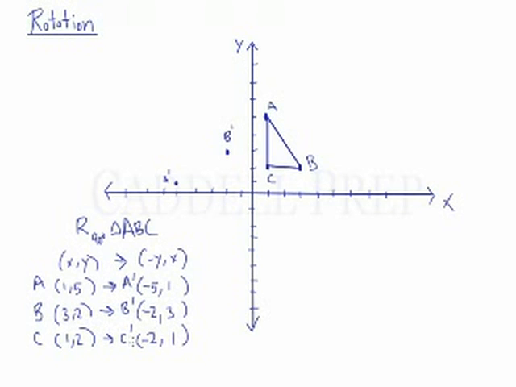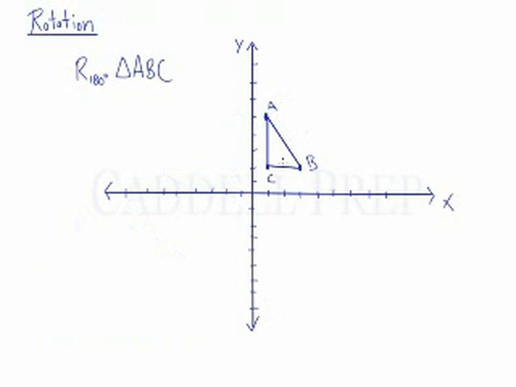And C prime is at (negative 2, 1). So then we could graph our triangle. And now we have the image triangle A'B'C' of triangle ABC when we rotate it 90 degrees.